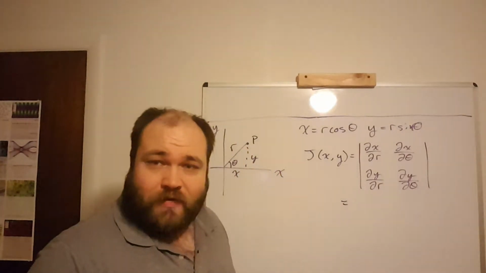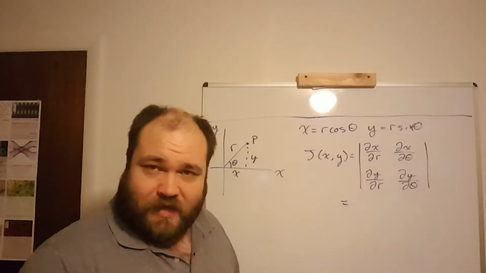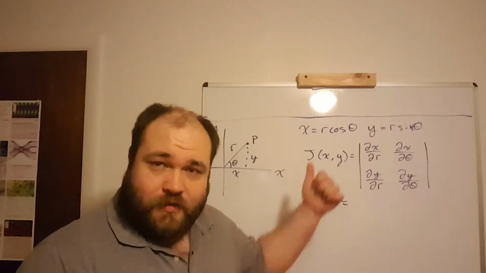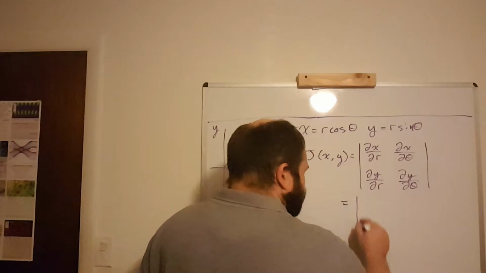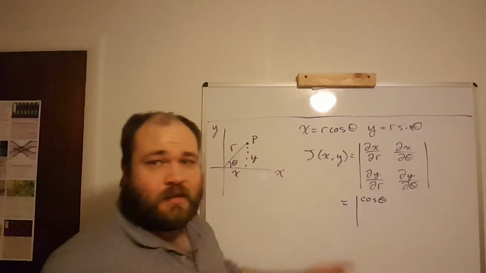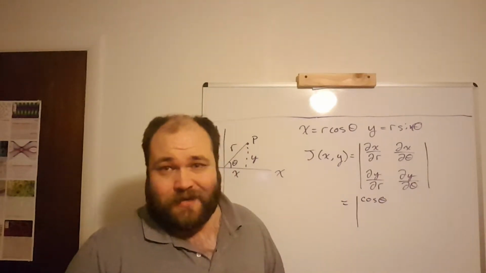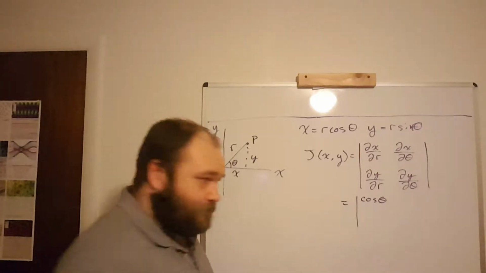So then, solving these guys out, let's just walk through it real quick. The first one is the derivative of x with respect to r, which is just simply going to be cosine theta. The second one is x with respect to theta. The derivative of cosine we know is negative sine theta, so then we know that that is going to be negative r cosine theta.